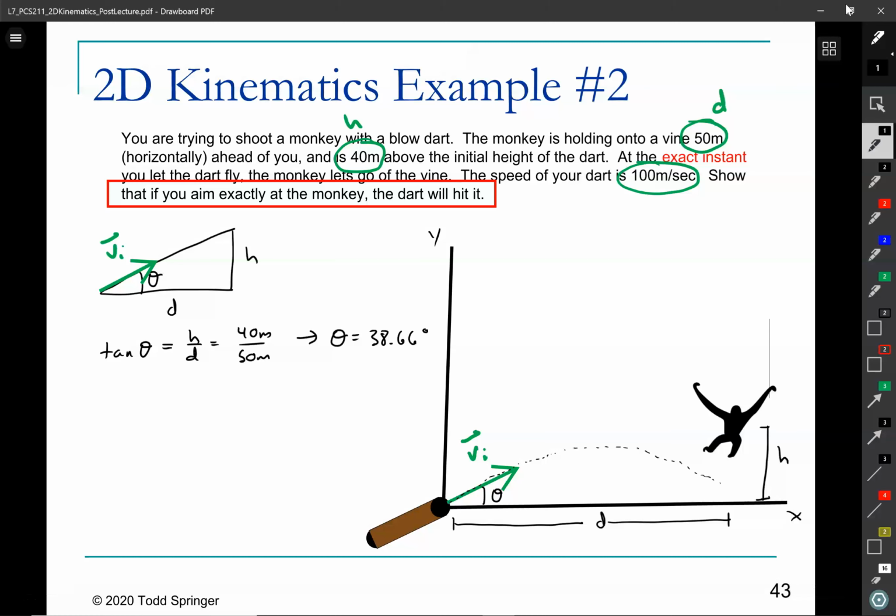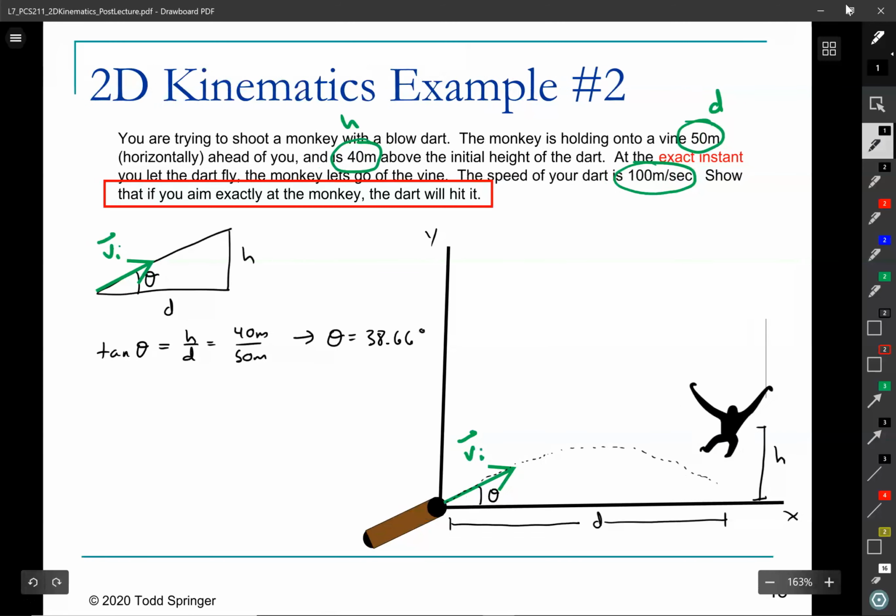Now, let's try to write down equations for the dart and for the monkey, picking my origin to be at the position of the dart. So let's write down the equations for the dart and for the monkey.